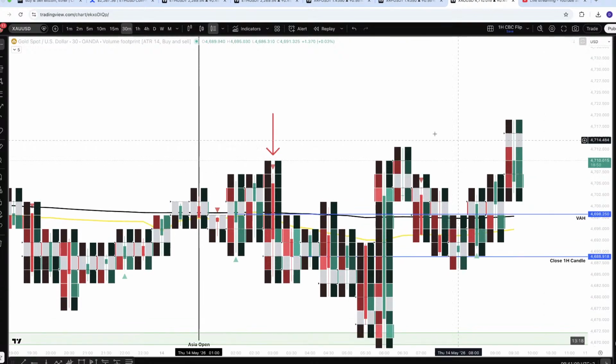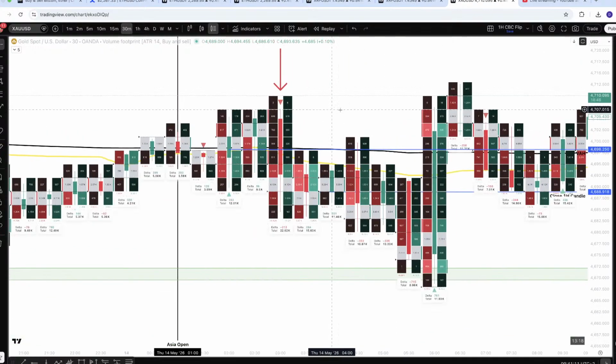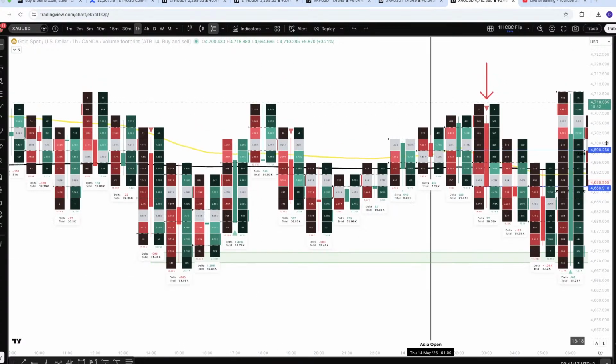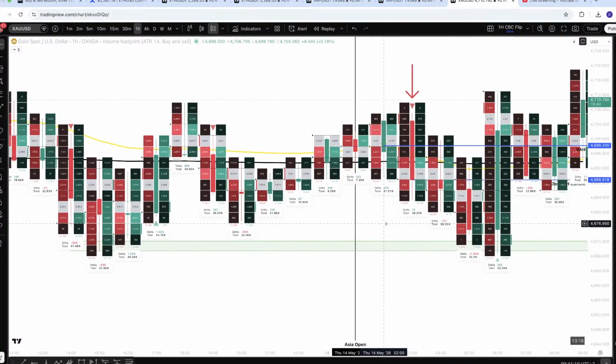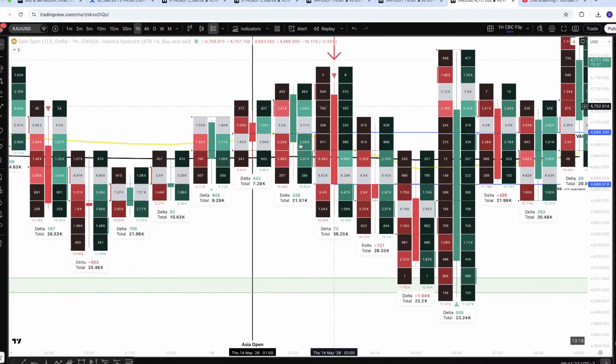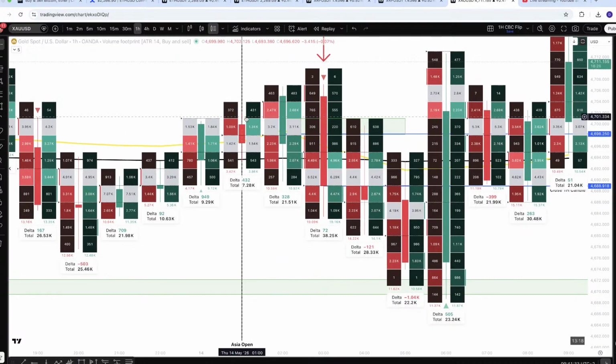So we can see the most volume traded on these two candles happens to be here. So the previous candle, you can see here on the footprint chart, it's here. You see that? So this is a very good area, a zone to take a short.